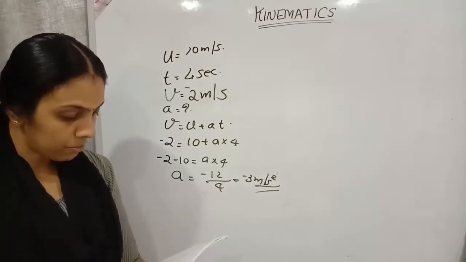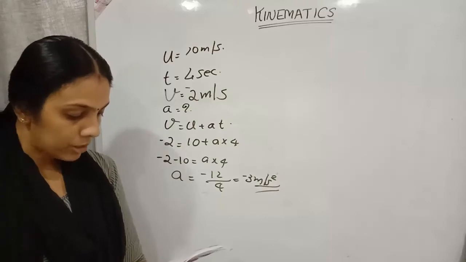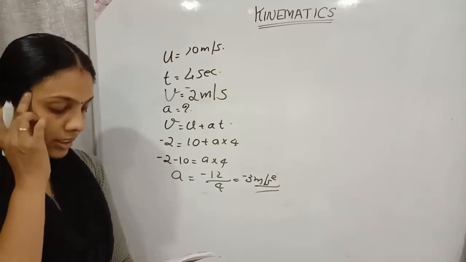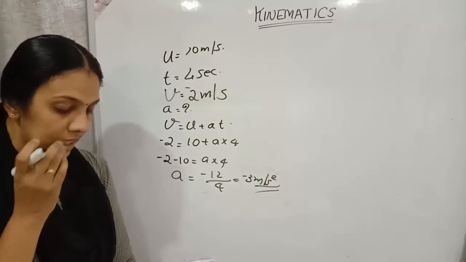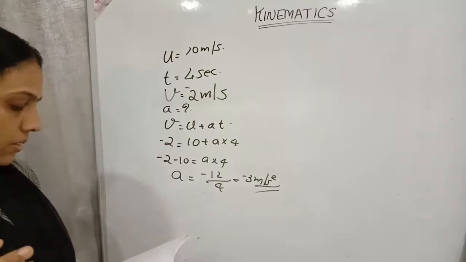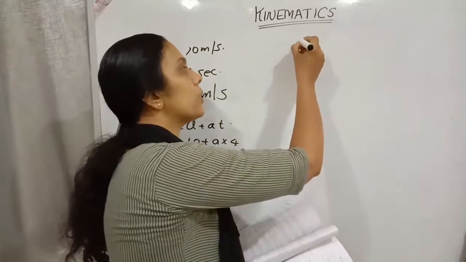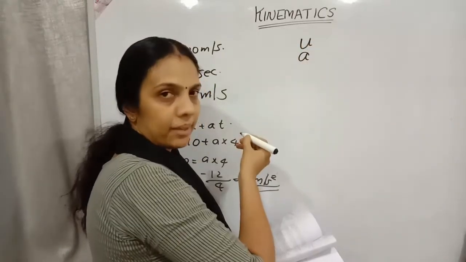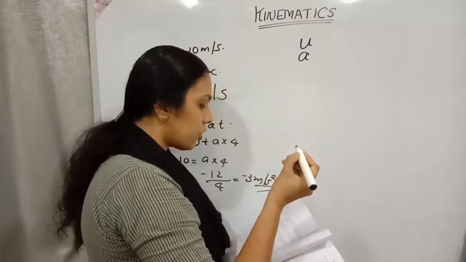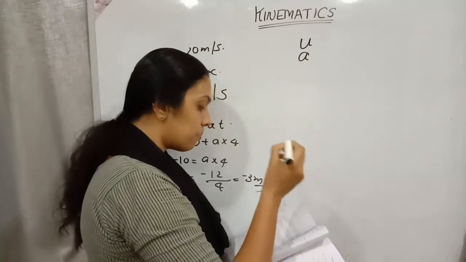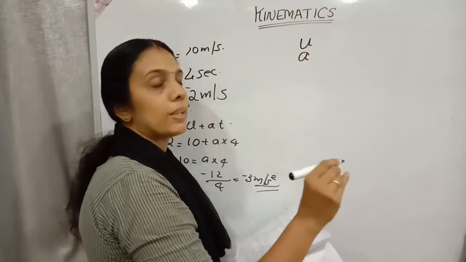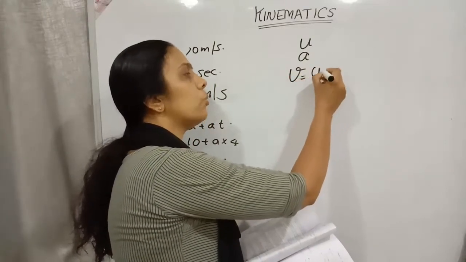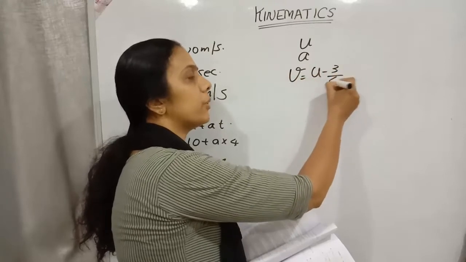The velocity of a body moving along a straight line with uniform acceleration a reduces by 3/4 of its initial velocity in time t0. So I am considering the initial velocity as u. It's moving with acceleration a. The velocity of the moving body reduces by 3/4 of its initial velocity, so the final velocity equals u minus 3/4 of u.